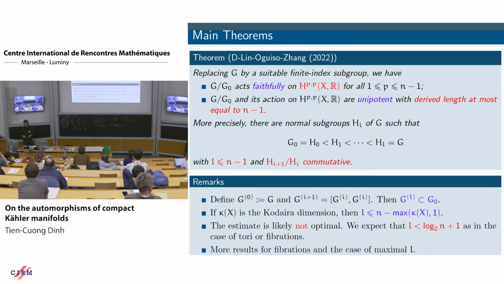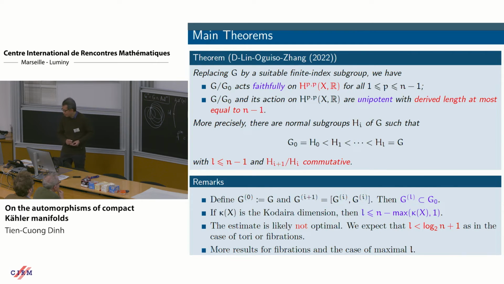If you introduce a Kodaira dimension to this problem, then you have a better estimate. L is smaller or equal to n minus the maximum between kappa(X) and 1. However, the estimate is likely not optimal except in lower dimension. We expect that the best estimate is L smaller than log base 2 of n, plus 1, because we have this in the examples.